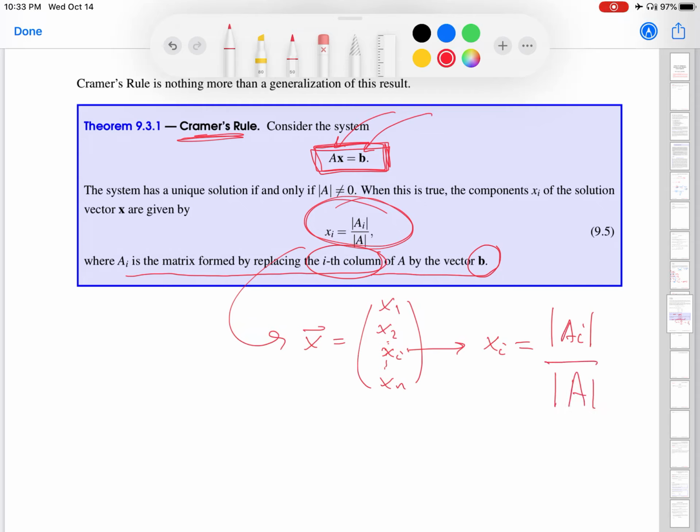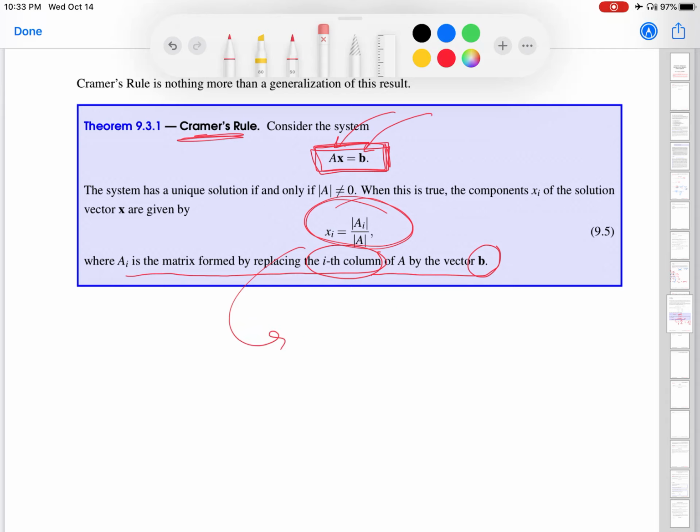It gives you the answers for the components of the unknown vector x in terms of the determinants of A and variants of A. So let's see how all of that works out for the example that we are going to work on in this class notes.